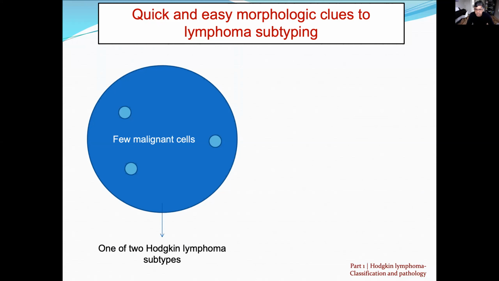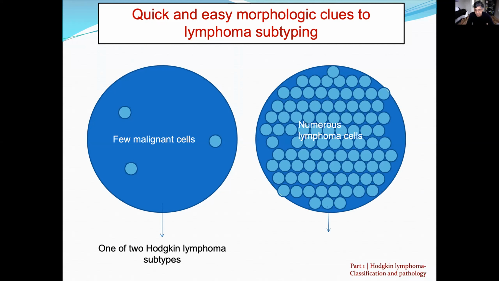And if there are numerous cells that are all monotonous and don't look quite right for a reactive lymph node, then one of a gazillion non-Hodgkin lymphoma subtypes is what I try to think. So this very simplistic classification will generally hold you in good stead. And it's reasonable to entertain a diagnosis of Hodgkin and work up things appropriately.